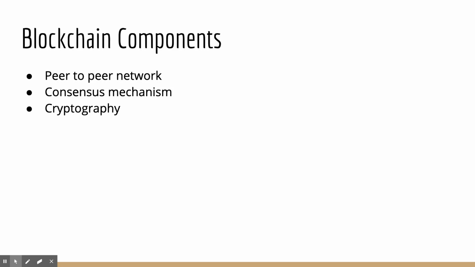The second component of blockchain is the consensus mechanism. Having the peer-to-peer network is great, but without having a centralized server, how do these nodes come to an agreement? That is the question. The answer is consensus mechanism. A consensus mechanism is a way by which these nodes can reach an agreement.